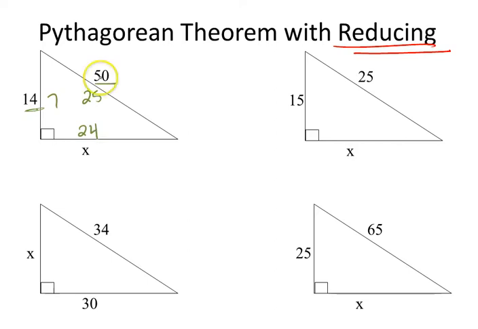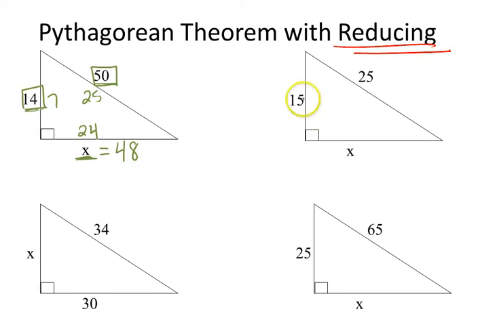Well, since my original numbers were 2 times bigger than my reduced numbers, this third number here also has to be 2 times bigger. So instead of 24, I'm really looking at 48. I always put my reduced numbers inside the triangle so that way I don't get them confused, because then I know I have to multiply by whatever it is to go back outside the triangle.